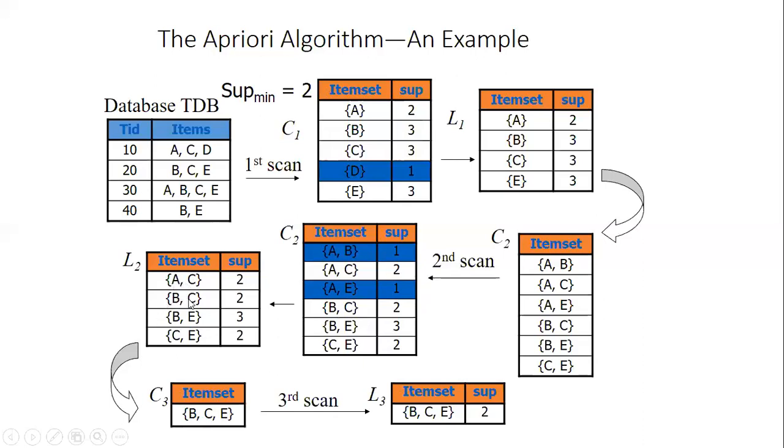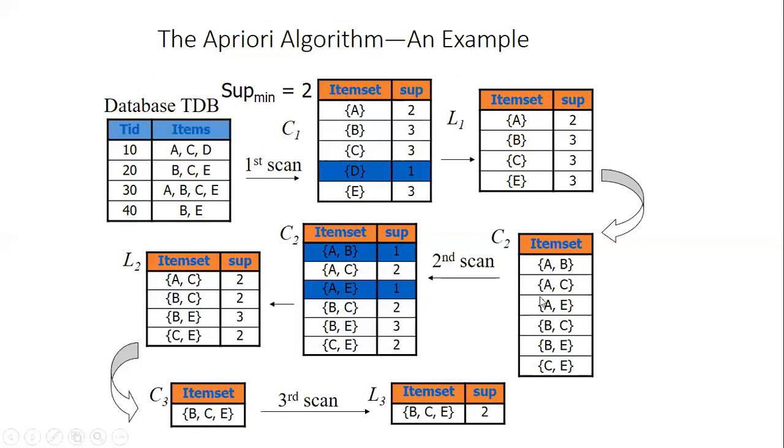From AC, BC, BE, CE we form ABC, BCE. Then we scan the database for the support count and get 2. So this is the frequent three item set. We get BCE as a frequent item set.